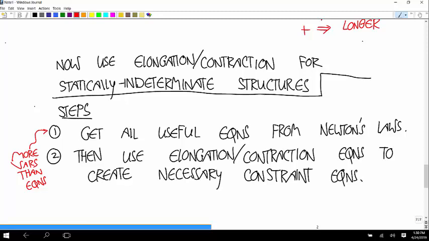So really, you don't even have to recognize whether a system is statically indeterminate when you start it. If you go through the statics and you can solve it, it's statically determinate, and you're good. If you go through Newton's laws, go through the statics, and you can't solve it, you have too many variables, then you're going to look for a way to use those displacement equations to come up with constraints.